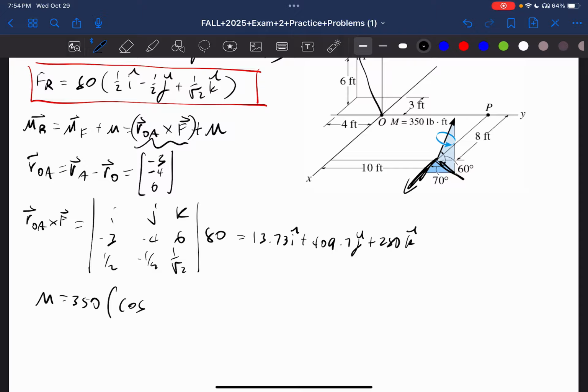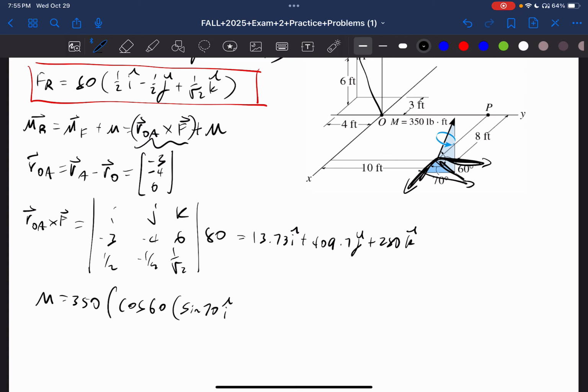So cosine 60, that's going to give us a projection on the xy plane, which is this right here, and then times a cosine 70. And this is going to be in the i direction. Also we need one in the y direction, which is going to be the opposite of that.